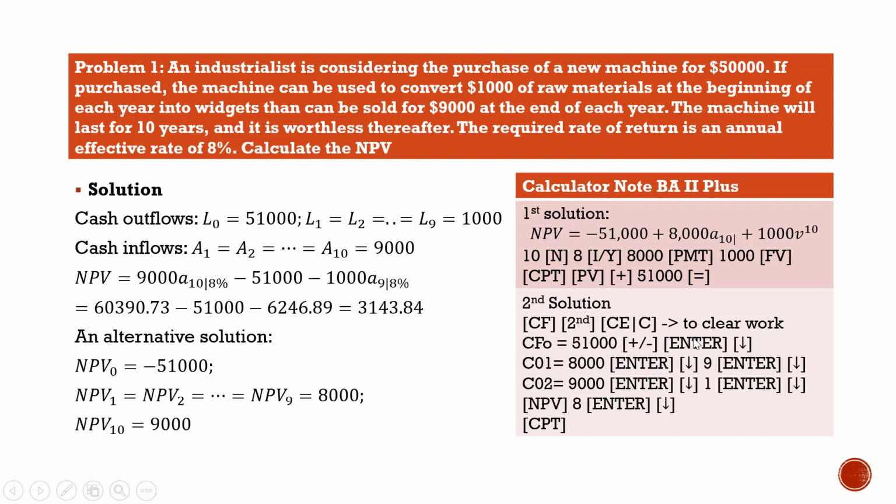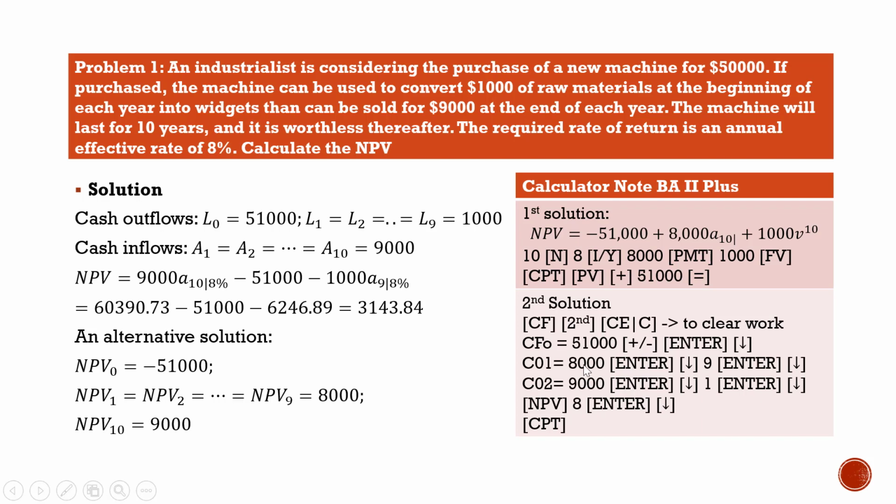Remember, we hit enter, not equal. So we hit enter and then scroll down. The next information you have to enter is the net present value at the next time. So 8,000 at time 1, we enter 8,000. Hit enter and scroll down.